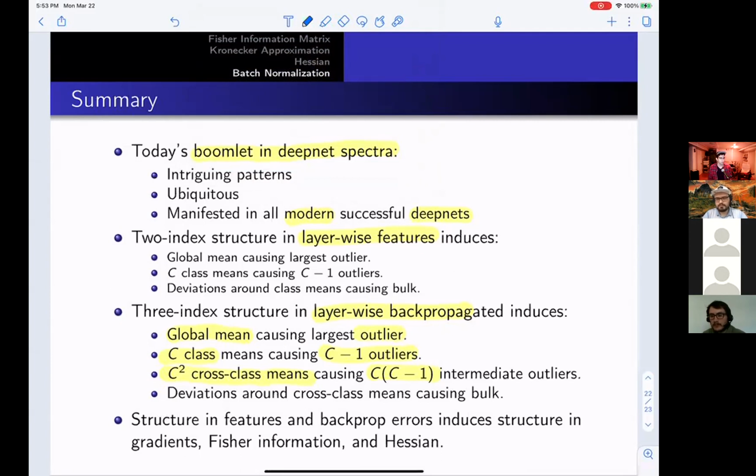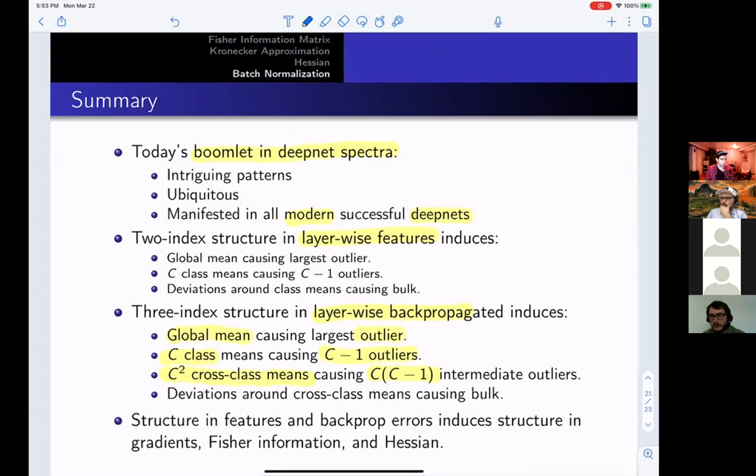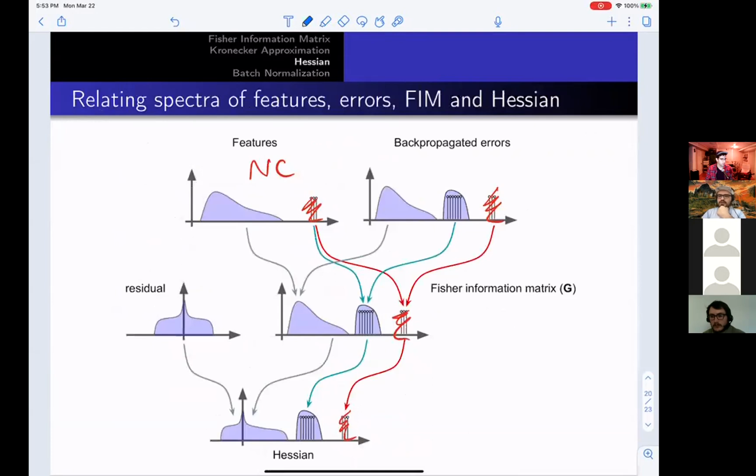Okay, because I'm wondering from what you've said, from your spectral decomposition, it seems like the largest eigenvalue would be attributed to the global mean, right? Unless you're using batch normalization, in which case it might not be the global mean. I mean, these top ones can be eliminated if you project by mu sub g transpose, right?